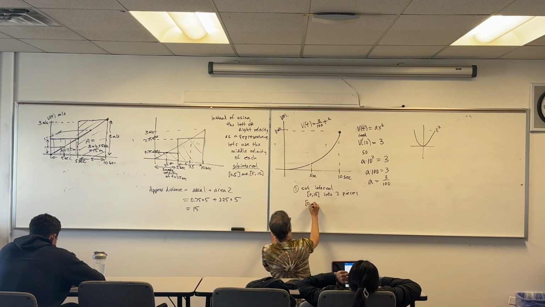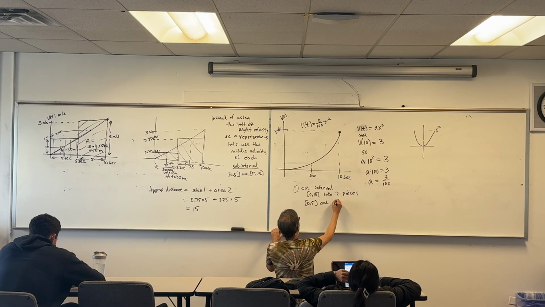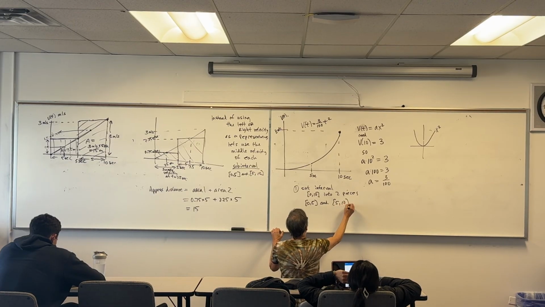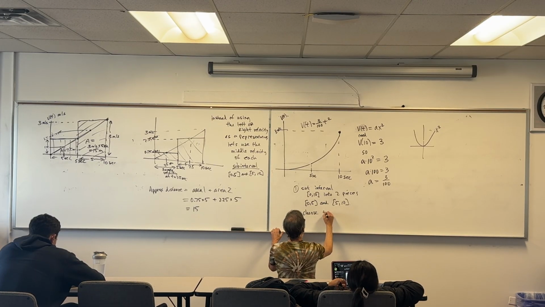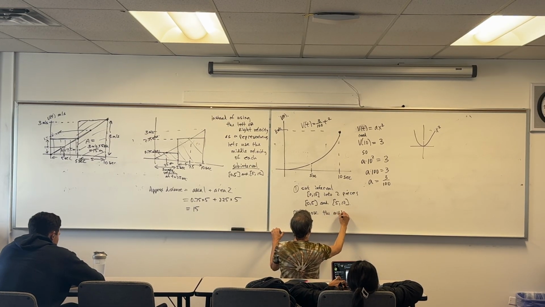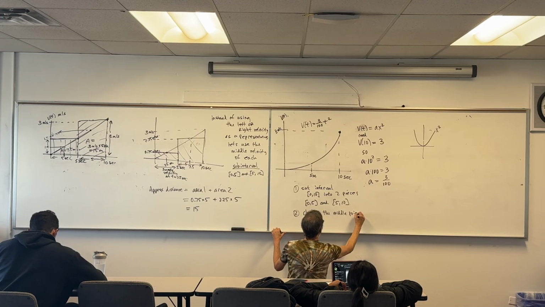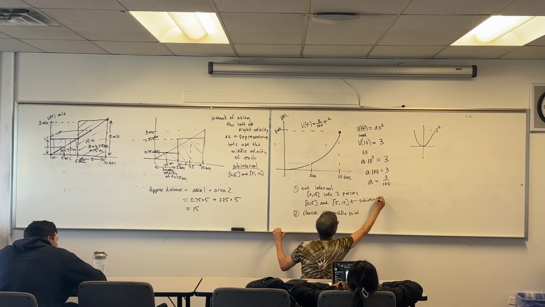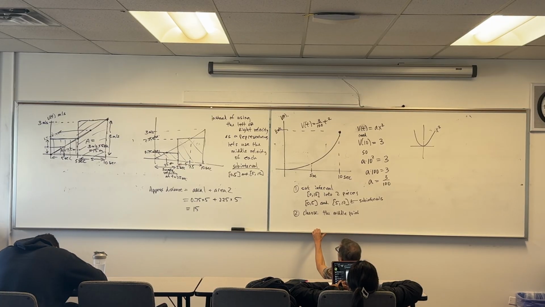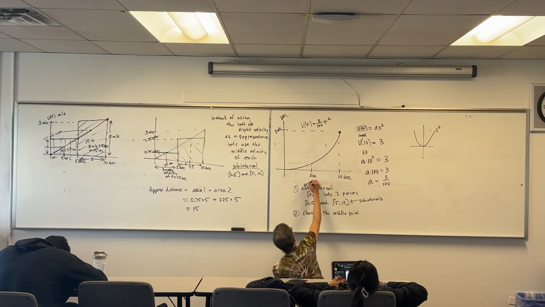So they're going to be 0 to 5 and 5 to 10. Step 2 is I'm going to choose the middle point in each subinterval. So these are called subintervals. This word cut, let's get the fancy technical word for it, just mark it here. This is also going to be called a partition.